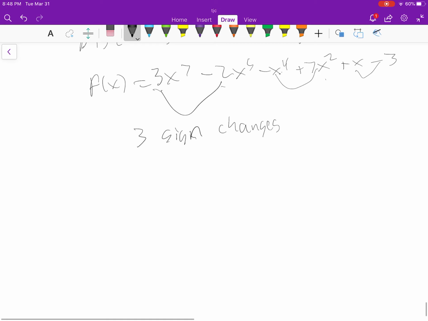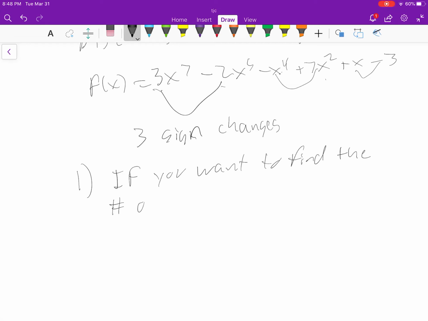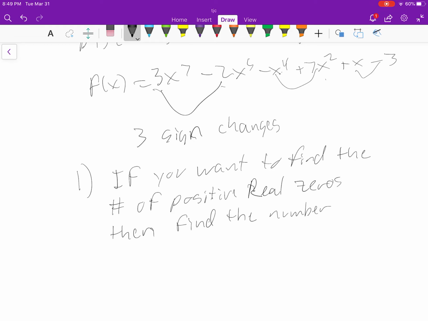And so what the theorem states is, one, if you want to find the number of positive zeros, positive real zeros, then find the number of sign changes of f of x.